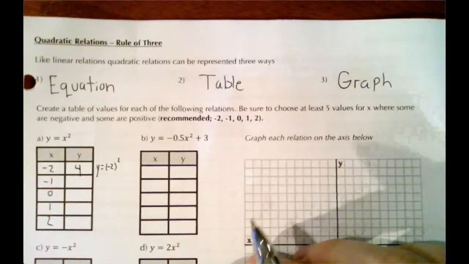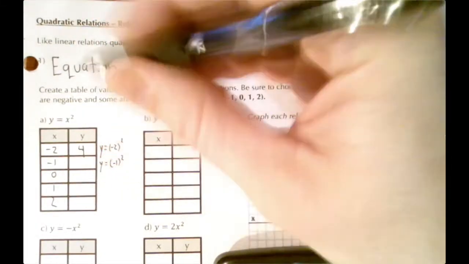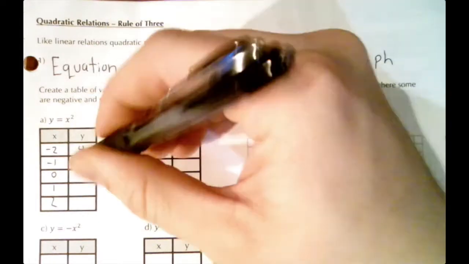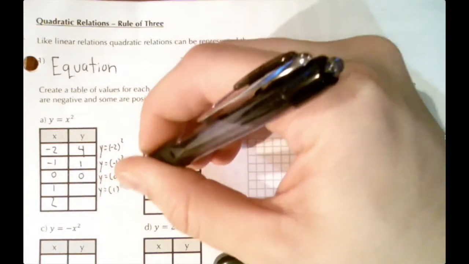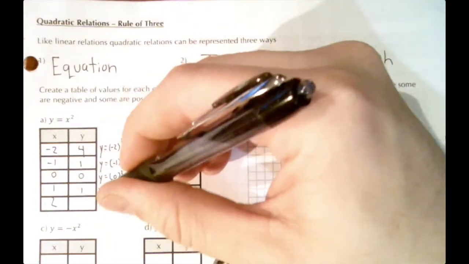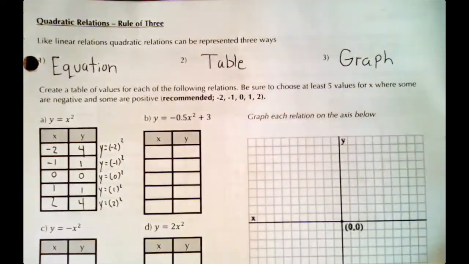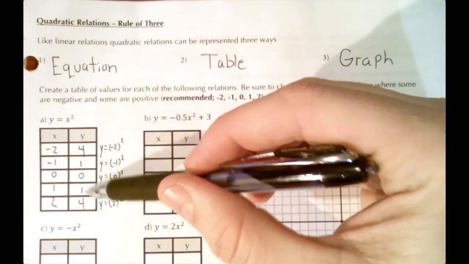And if we continue down the table, squaring all those x values, we would square -1, we'd get 1. If we square 0, we get 0. If we square 1, we get 1. And if we square 2, 2 squared is 4. And if you look at those y values, you'll notice something. 4, 1, 0, 1, 4.